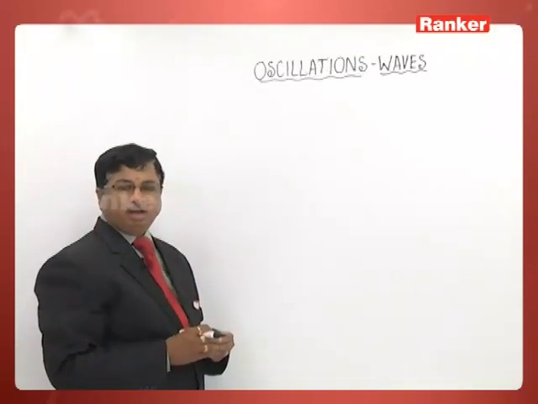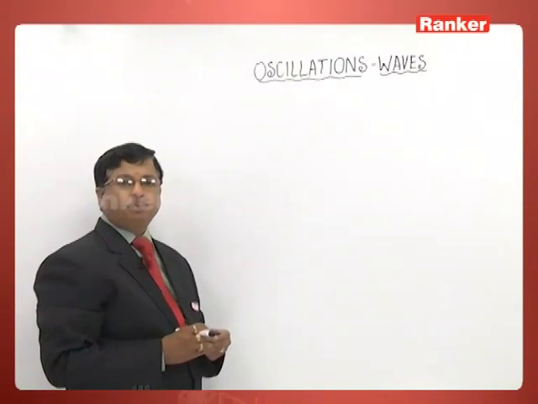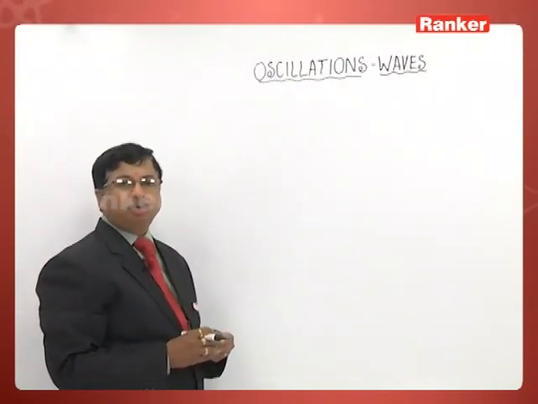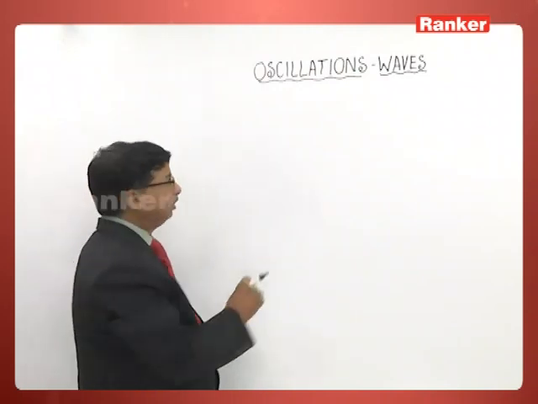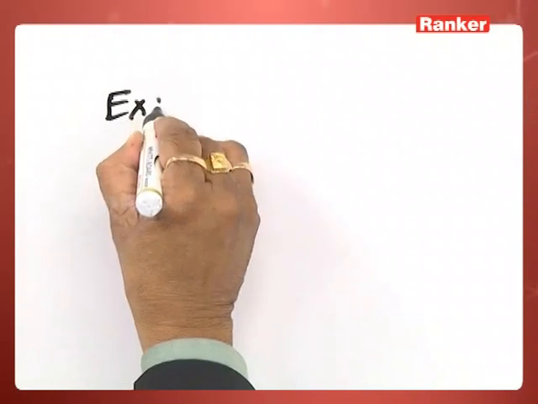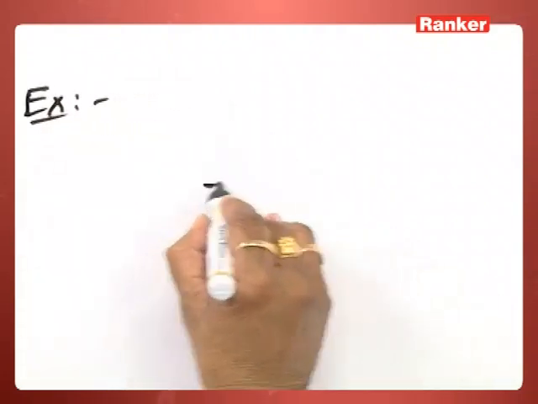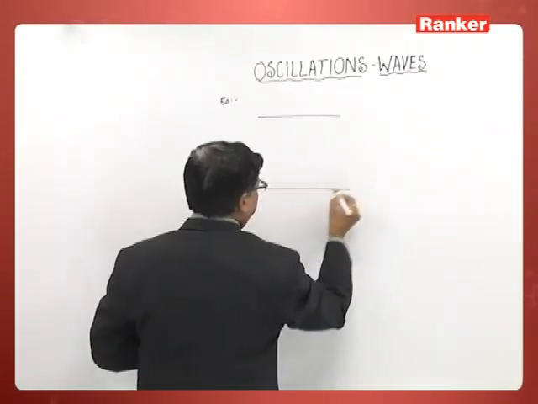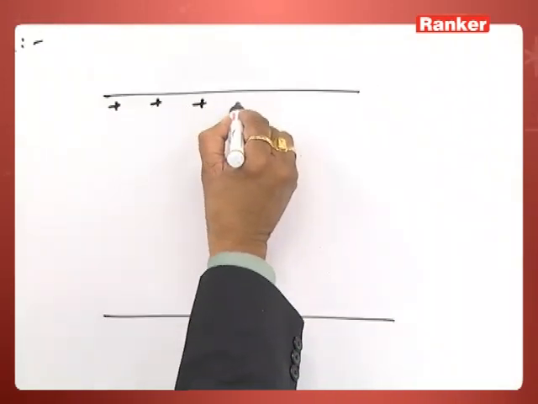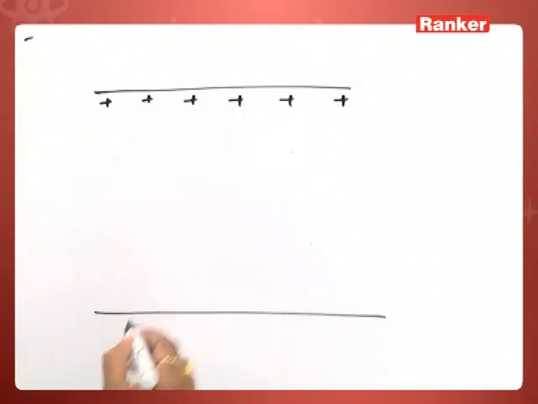Let us take an application of simple pendulum when charge is given to the bob of the pendulum. One example let us take here. There is a pair of plates like this. This plate is having positive charge on it.